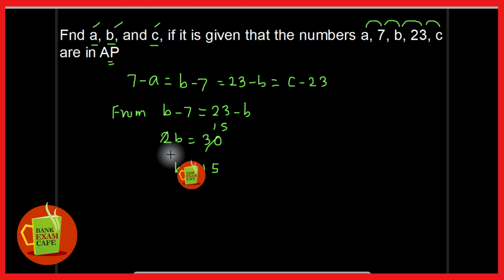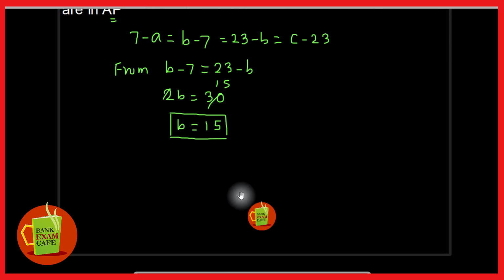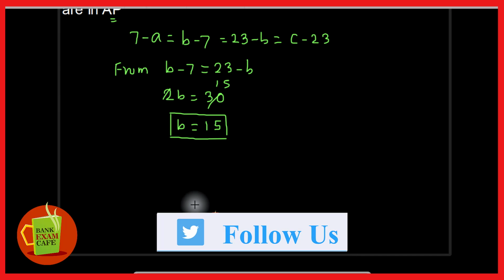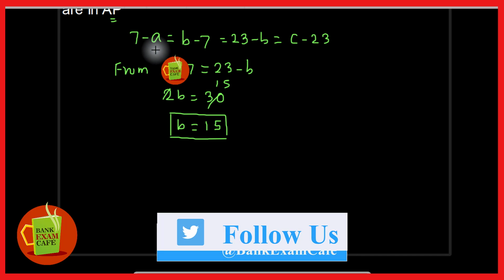Friends, here you have got the third term, B is equal to 15. That is the important step. Highlight it, because the examiner first checks for these values only. If your B is equal to 15 is correct and tallies with his answer, then he will go further.